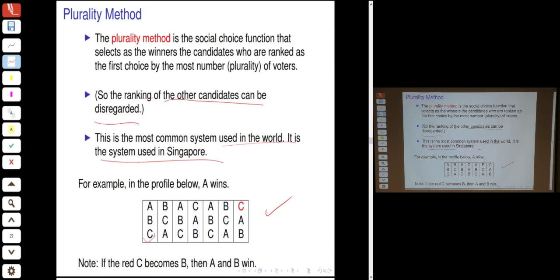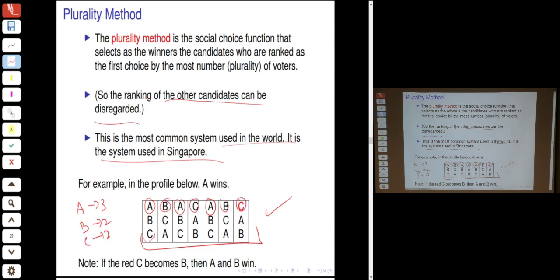For example, consider the voting profile below. A is winning the election because A is the first choice of 3 voters. B is the first choice of 2 voters. Similarly, C is the first choice of 2 voters.